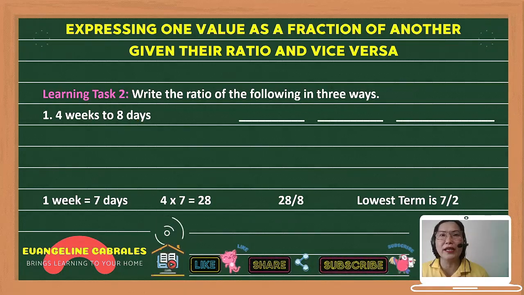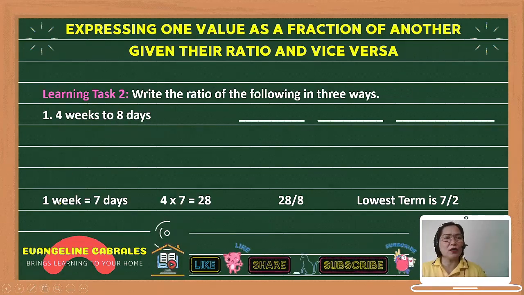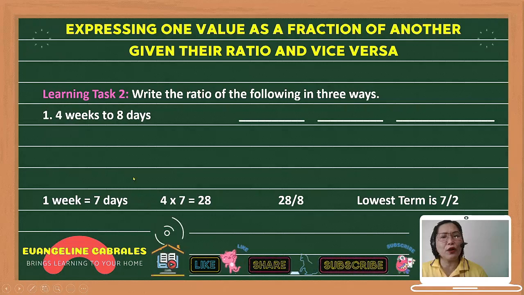Tandaan, ang ratio ay laging same units. Kaya dapat i-convert yung weeks sa days. So, paano gagawin yon? I-convert natin yung 4 weeks to days. So, ang 1 week ay equivalent to 7 days. So, imumultiply natin yung 4 sa 7 and that will be 28.